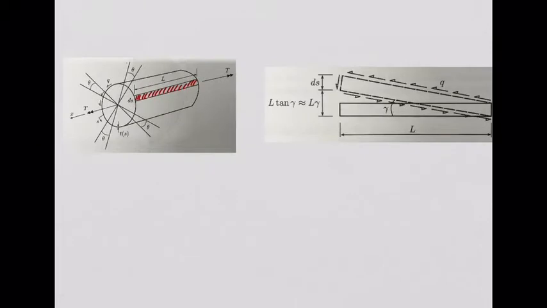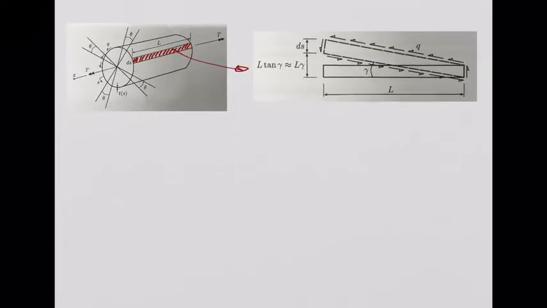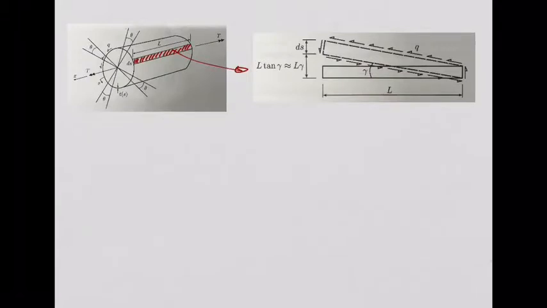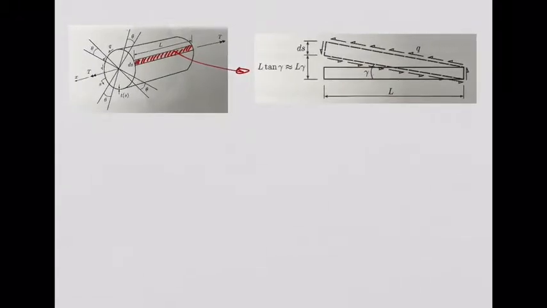I'm zooming in on this picture. What is going to happen is this element will have a shear flow flowing in all these directions. You see, in this element, this shear comes from the torque that is being applied on the cross-section.